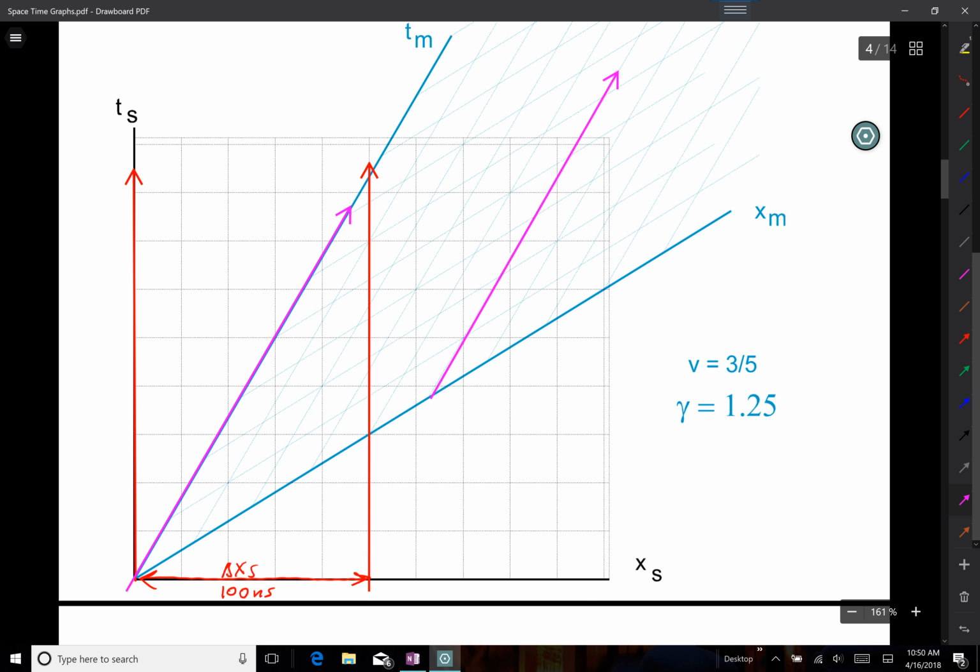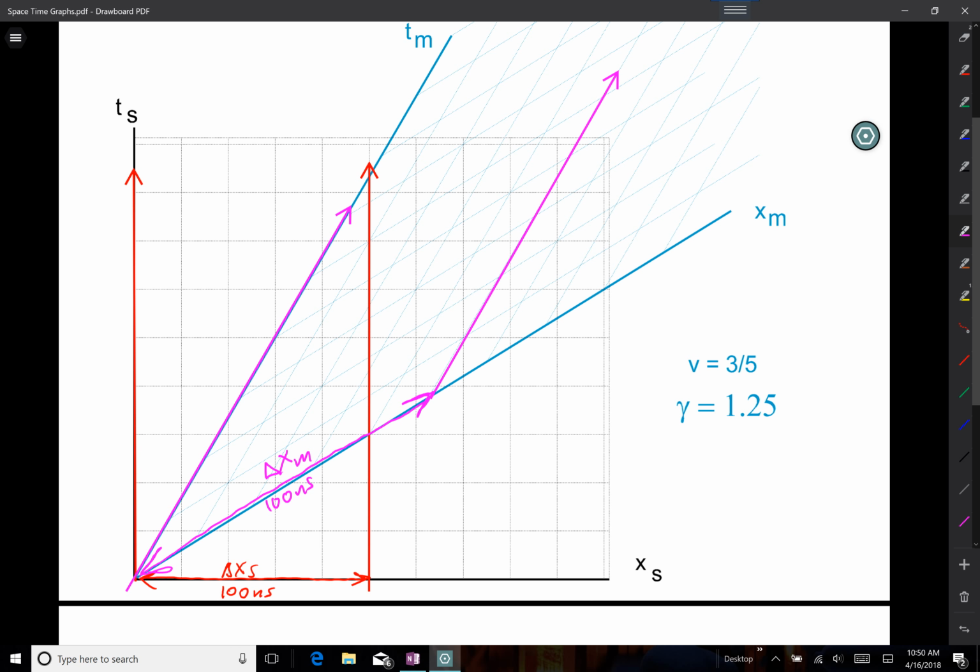And I know that this distance from here to here, between the front and the back, as measured in the skewed reference frame, that's also 100 nanoseconds. Both ships are the same length in a frame of reference where they're at rest. And so here's the diagram of the two spaceships.